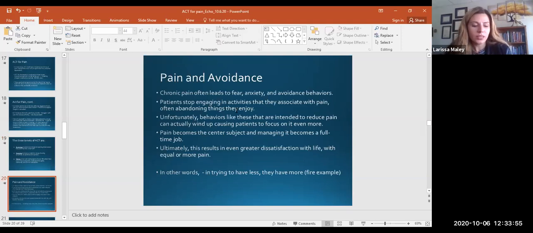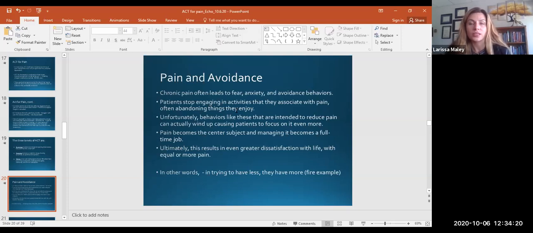So just like with psychological pain, with physical pain, people have tremendous amounts of avoidance, right? And it makes sense. It's how we're wired. When you touch a hot stove, you automatically pull your hand back because it hurts. So we are wired to avoid pain experiences. And this leads to a whole host of behaviors and emotions around that avoidance.